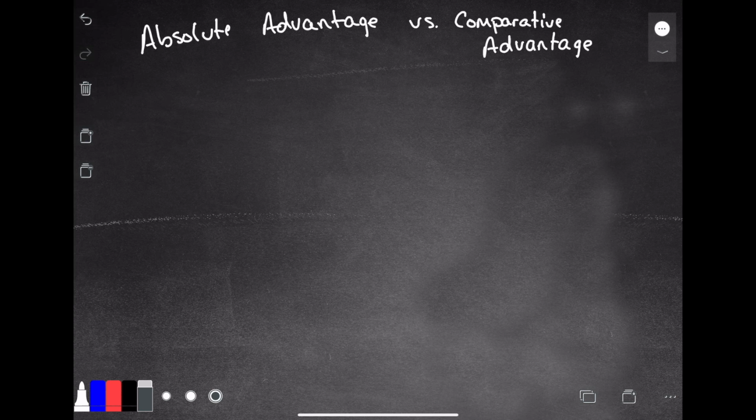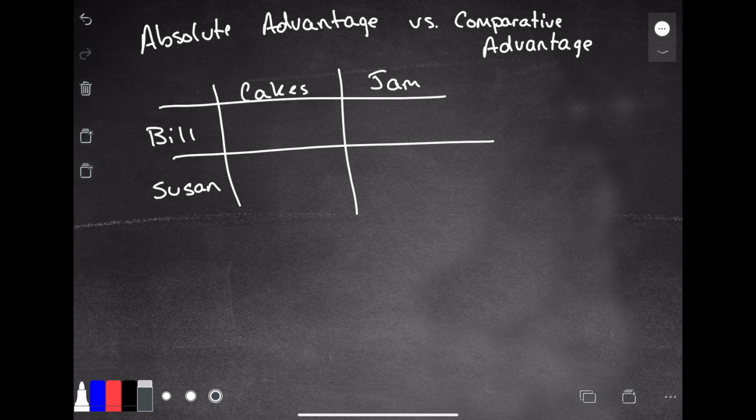So for Susan, Susan clearly had the absolute advantage in producing jams compared to Bill, because remember, if I put our 2 by 2 matrix up again, Bill could make 10 cakes per day.